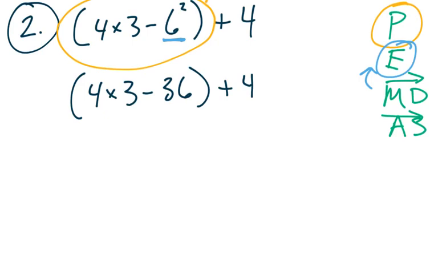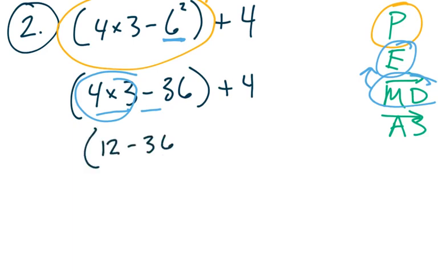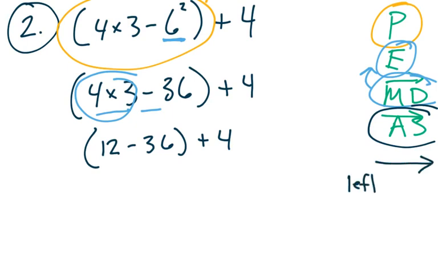And then we've got times and we've got subtract. We're going to do this first because multiplication and division comes before addition and subtraction. So we're going to get 12 minus 36 plus 4. And then we're down to just addition and subtraction, left to right.